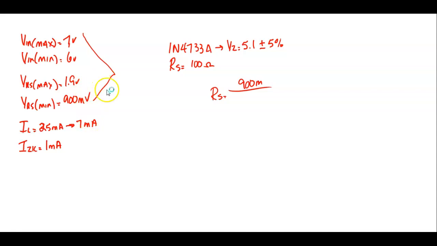okay, so what we need to do, so VRS, so maximum current would be what? Maximum load current would be 7 milli plus IZK, which would be 1 milli.